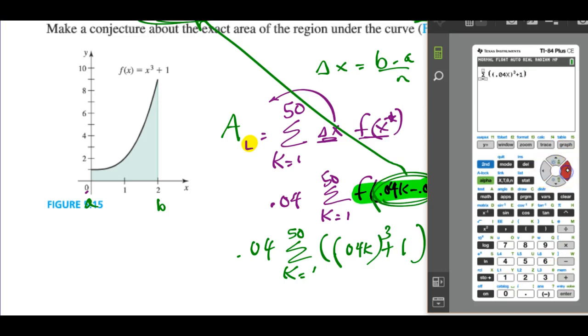And don't forget, you have a times of 0.04 for the delta x. So I'm going to go back because I deleted this and restarted this over again. Let's see if I can get this. A little bit tricky to type in, but I finally got it, 6.1616.